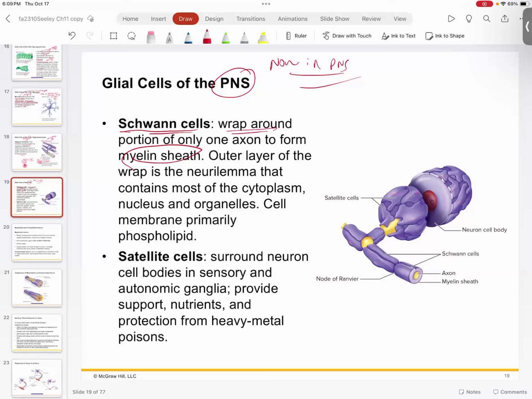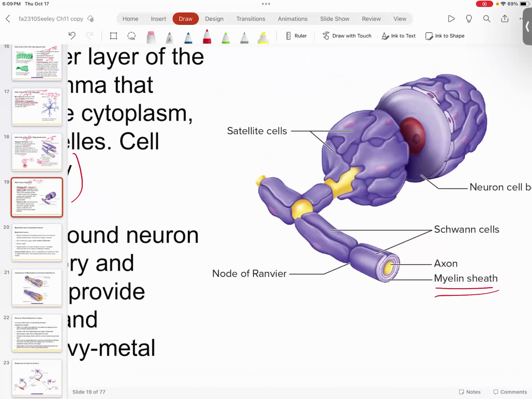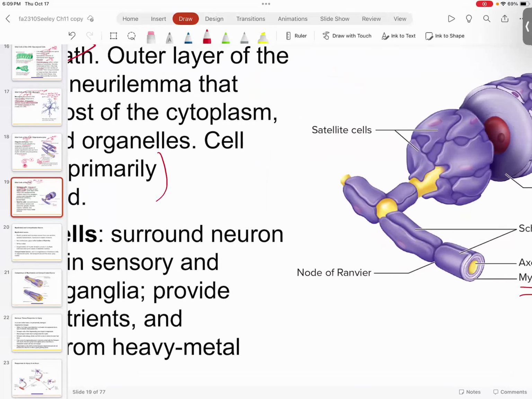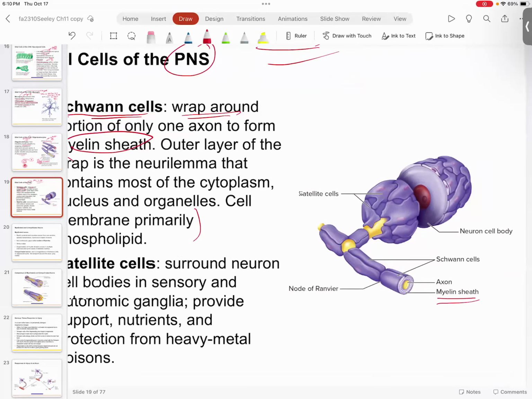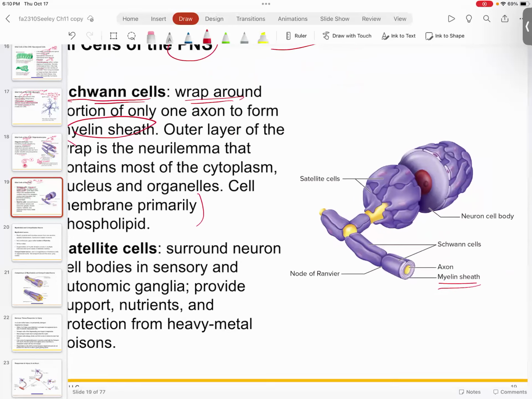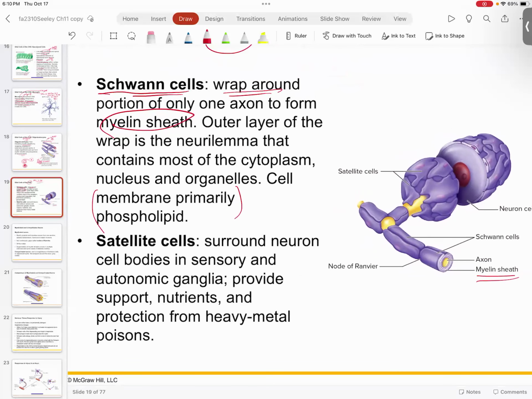This creates that lipidy phospholipid sheath around it, which is the myelin sheath, which again is non-conductive. So it's basically the same thing as the oligodendrocyte, only in the peripheral nervous system. That insulation is formed by the Schwann cells. In addition to this, you also see what are called satellite cells.